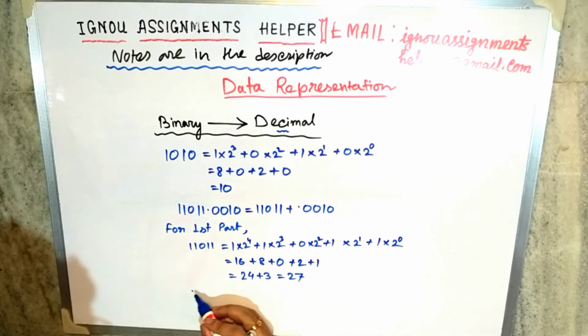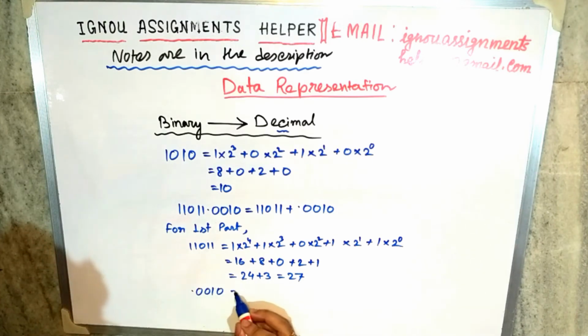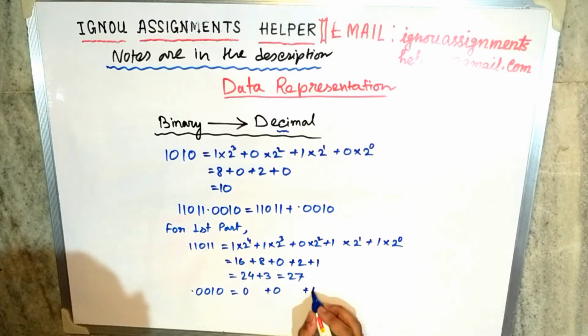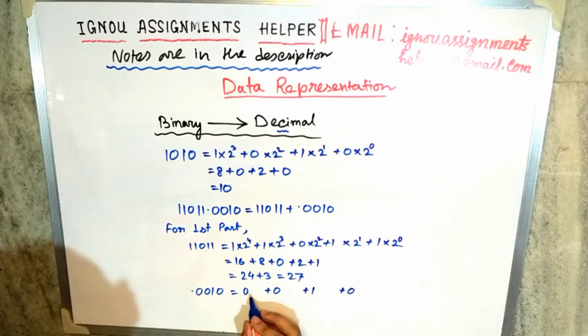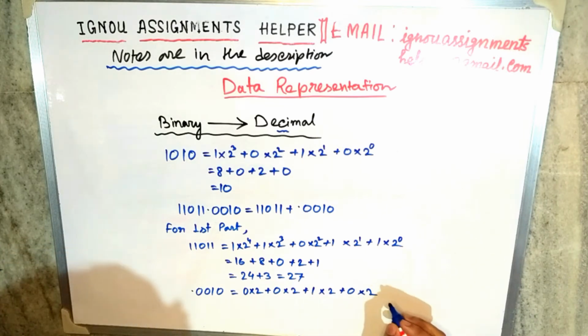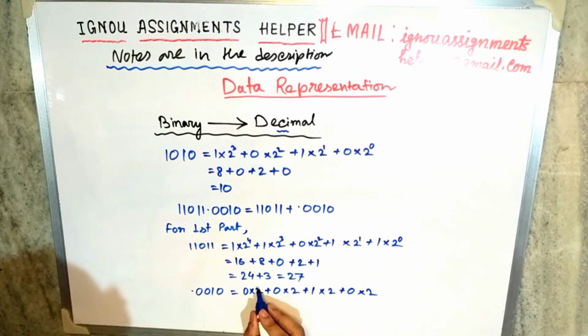Now the next part is 0.0010. We will write it just like earlier: 0 plus 0 plus 1 plus 0. Now we'll multiply with 2 again, but now the change happens. We'll increase the power from this side, and this time the powers are negative: this will be -1, this will be -2, this will be -3, this will be -4.